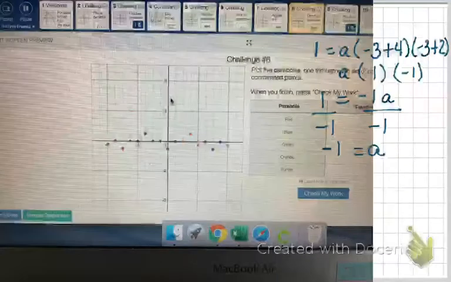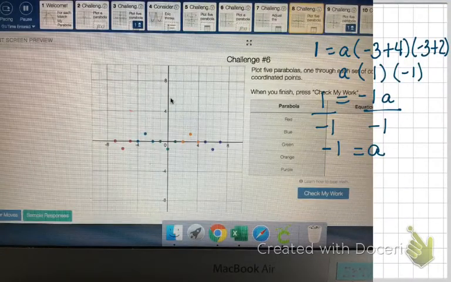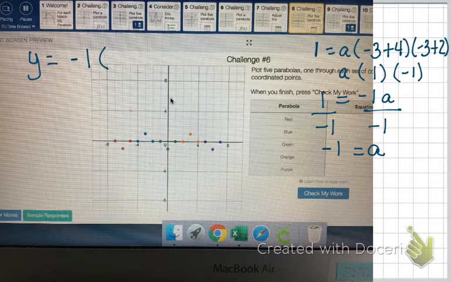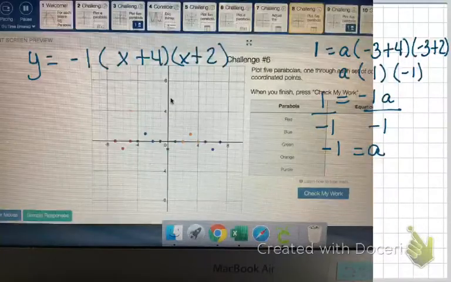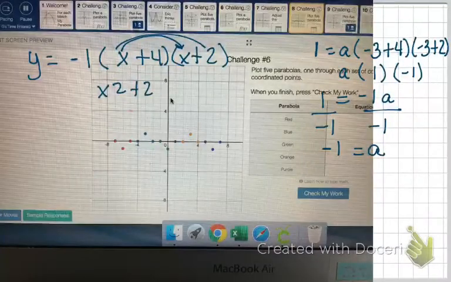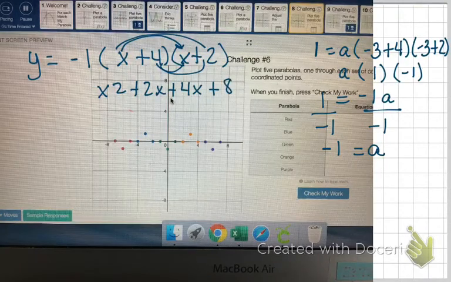All right, so we're going to plug it in now as y equals -1, x plus 4, and x plus 2. Now let's simplify this. X times x is x squared, 2x plus 4x plus 8, and the whole thing times -1.